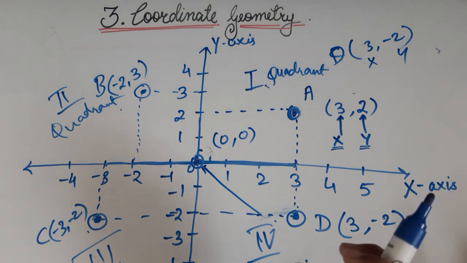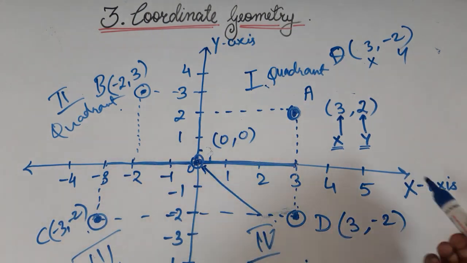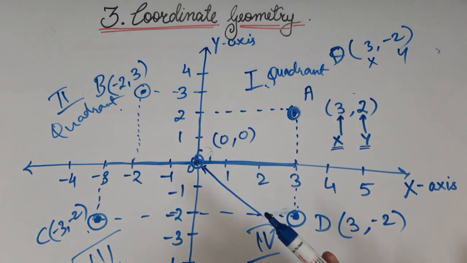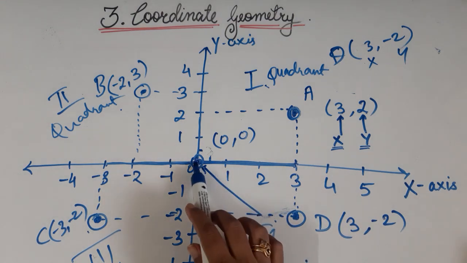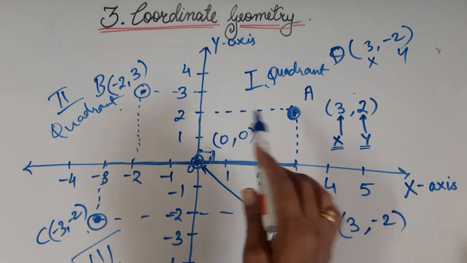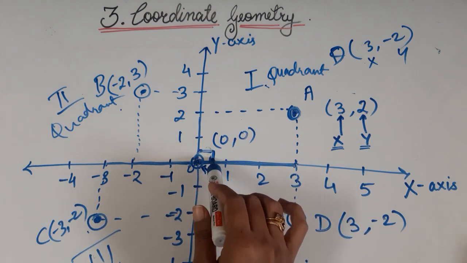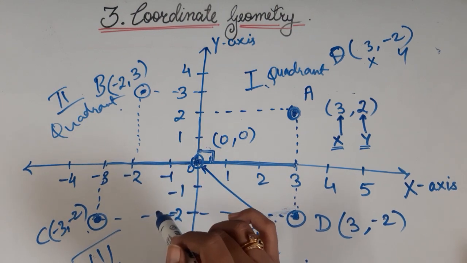Your Cartesian system consists of 2 number lines, the x-axis and y-axis. The 2 number lines intersect each other at the origin at a right angle, and they are perpendicular to each other.